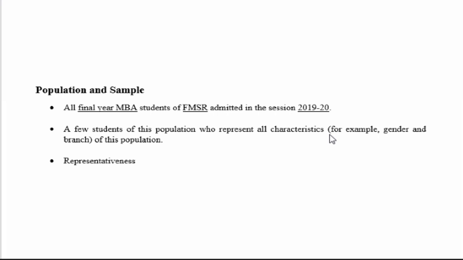On that basis, we can find out the overall perception or experience of all the groups. The reason being that to study a smaller group is easier, more manageable, because here we are talking about only 240 students versus, say for example, 50 students.